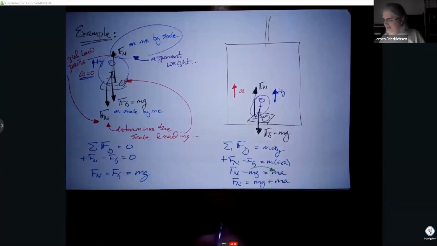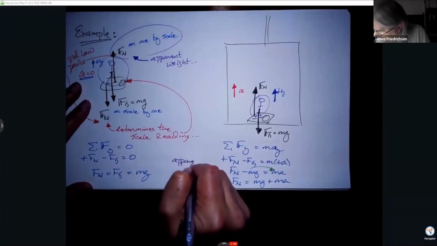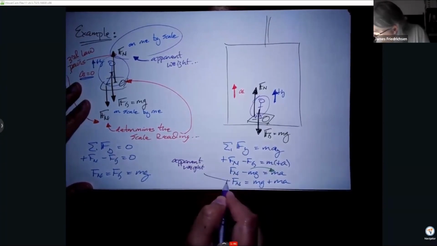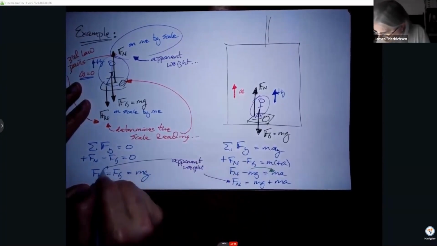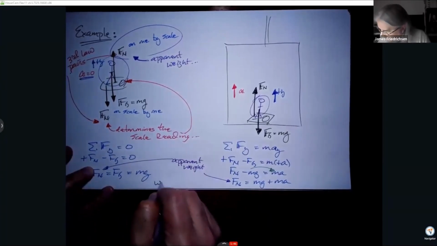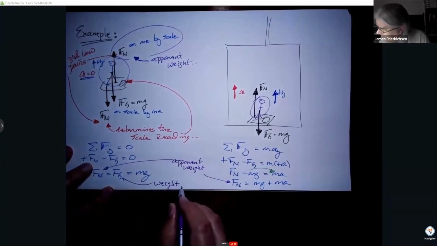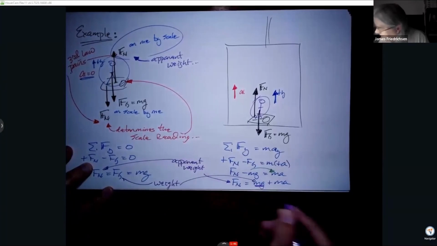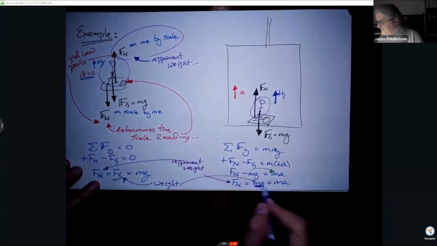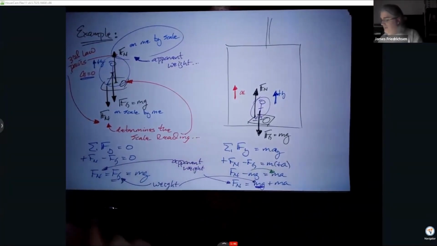Again, this is my apparent weight, that magnitude of the normal force. My weight is this gravitational force, or mg here, and of course the m is the mass. So what you're seeing is it's my weight plus this m times a term.